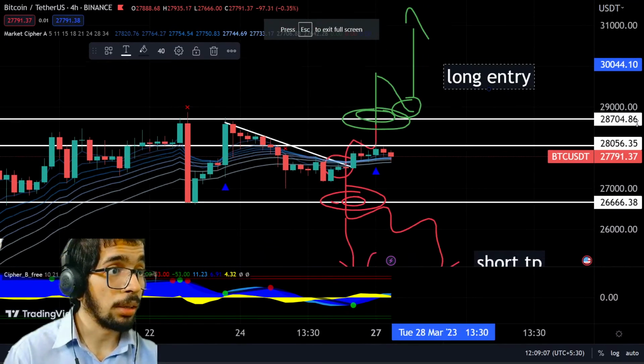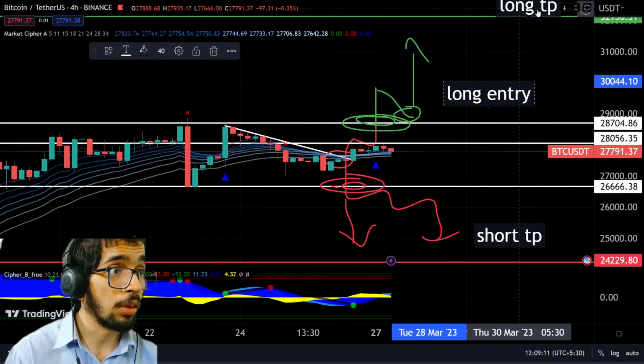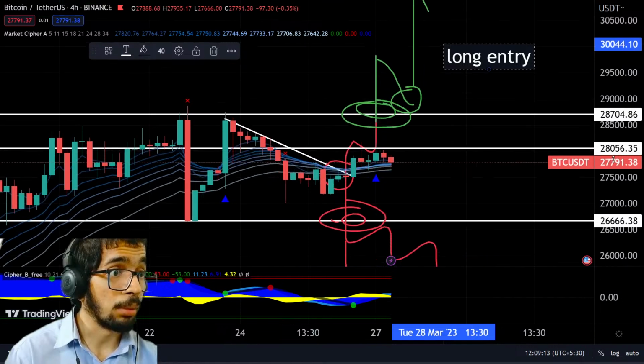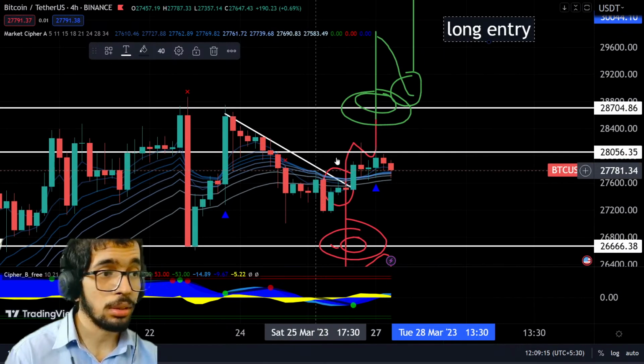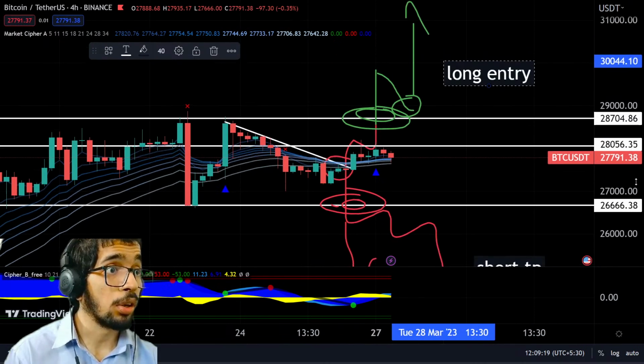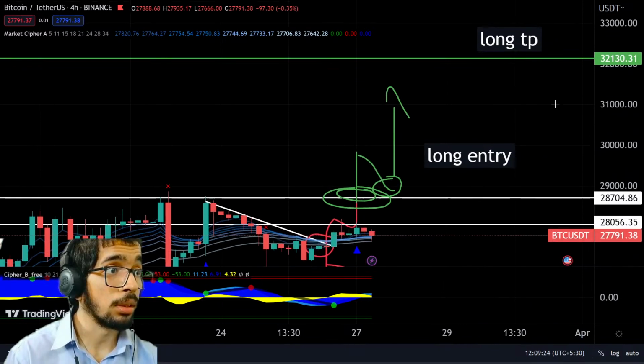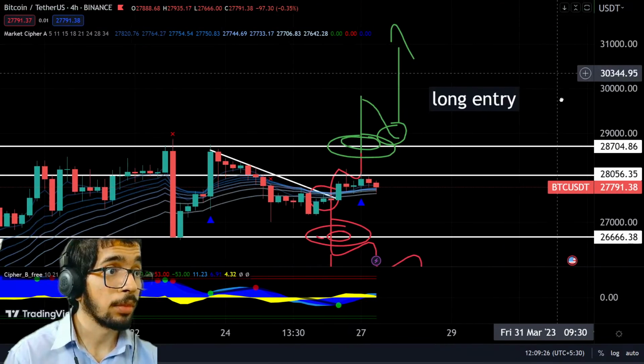So when it goes here, long entry, and your take profit of your long is here. This is the bullish part. It breaks from here, goes here, and then you can put your take profit around 32,000. Put your long TP.